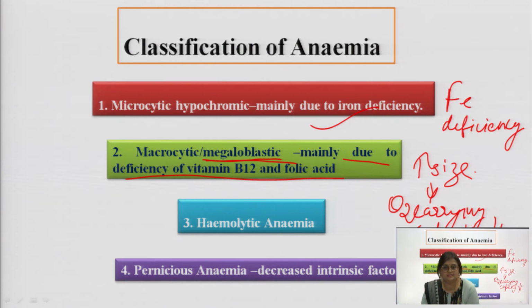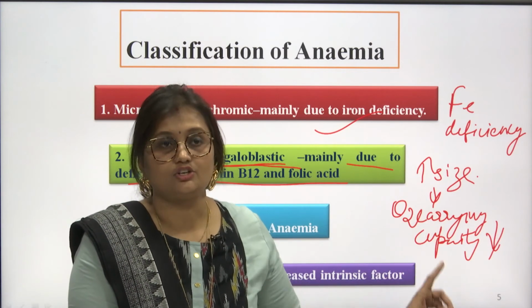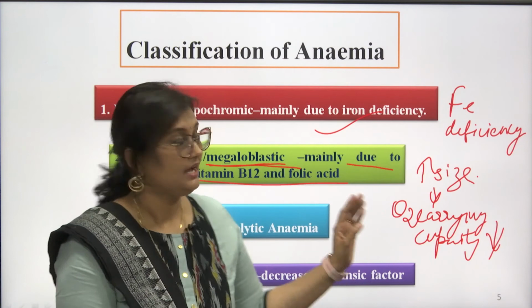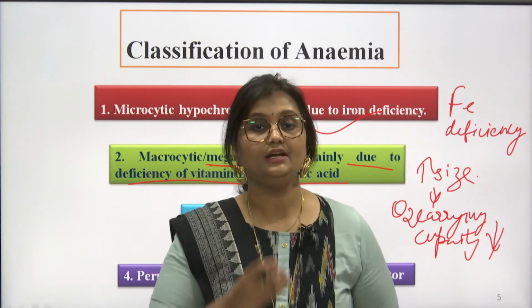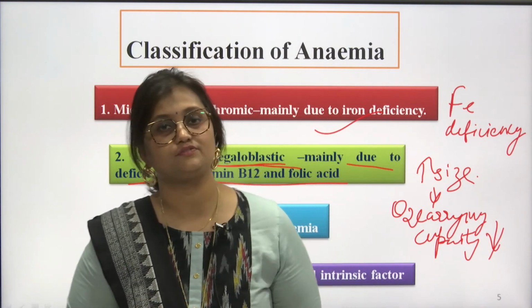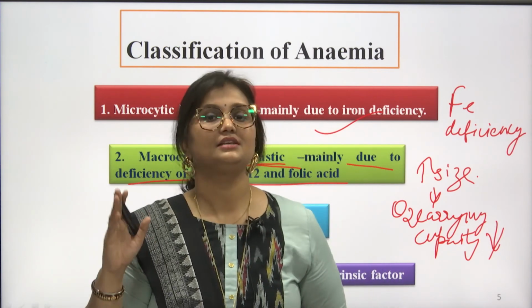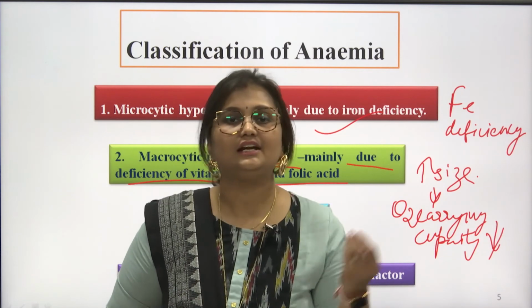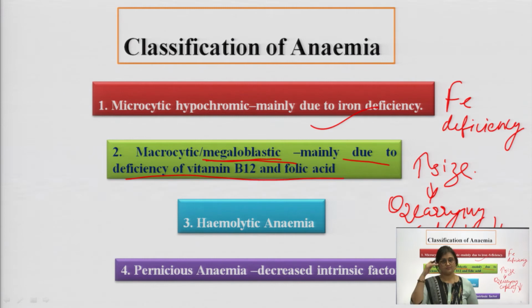Because there is a reduction in oxygen carrying capacity, it leads to anemia. Our body fails to transfer an adequate amount of oxygen to our distant tissues. Hence this condition is known as anemia. Clear, all of you? Increased size leads to decrease in oxygen carrying ability.